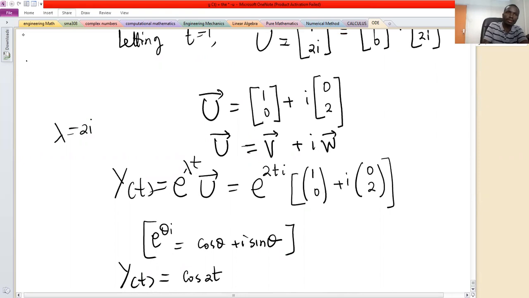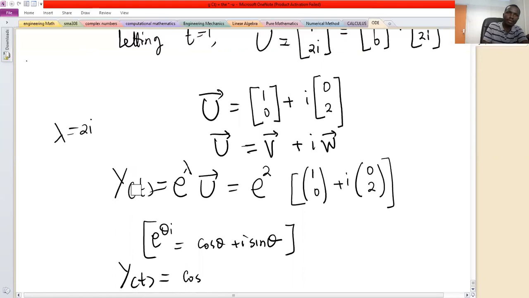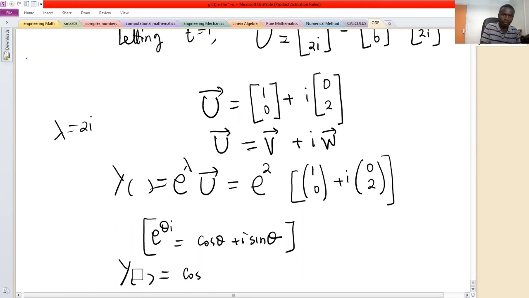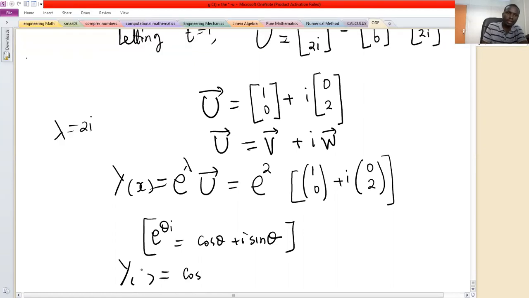So this is y of x, not y of t. If the independent variable is given in terms of t, then use t. So this is x, this is x.